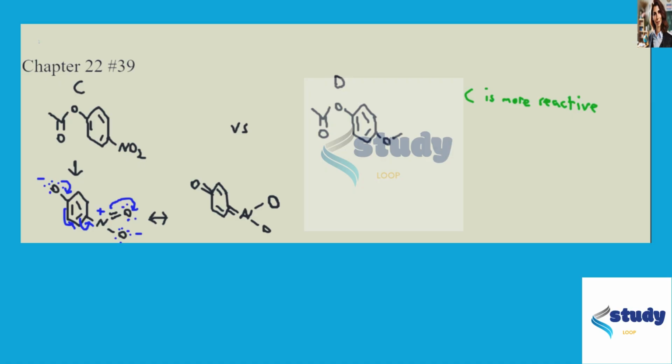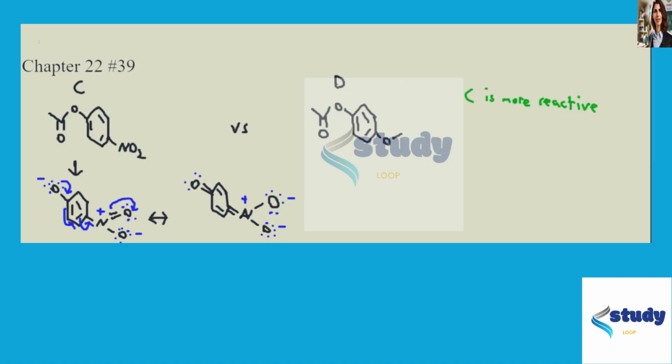The nitrogen is still going to have 4 bonds and a positive charge. And now both of these oxygens are going to have negative charges. This oxygen is now not charged.